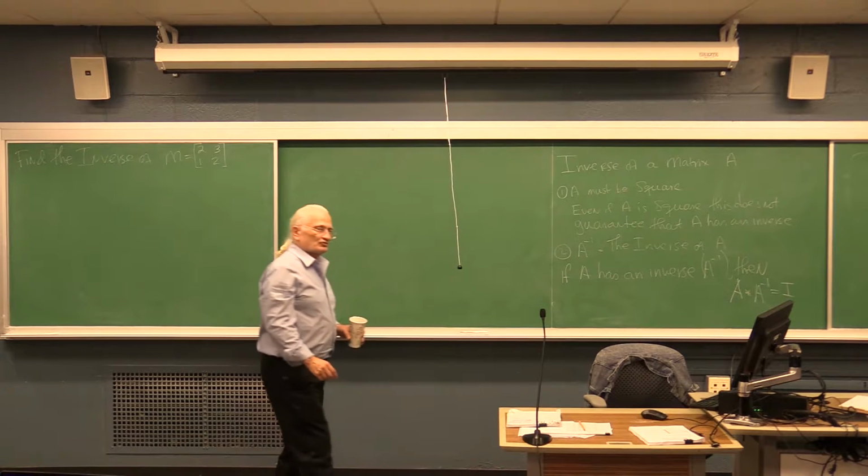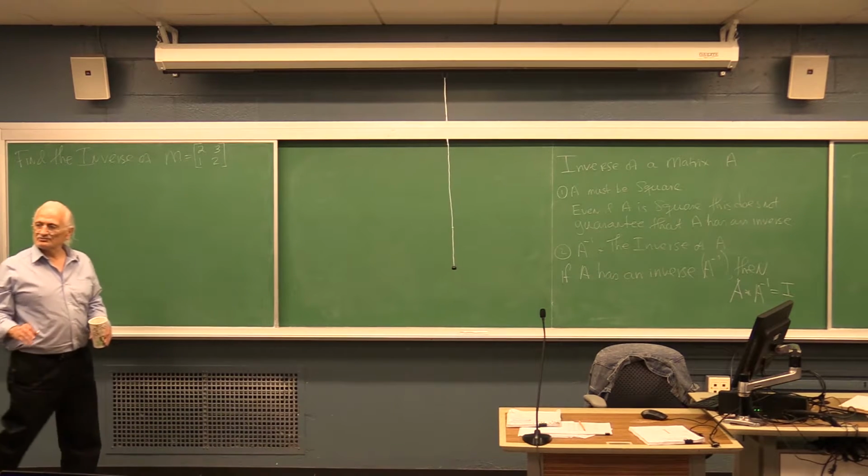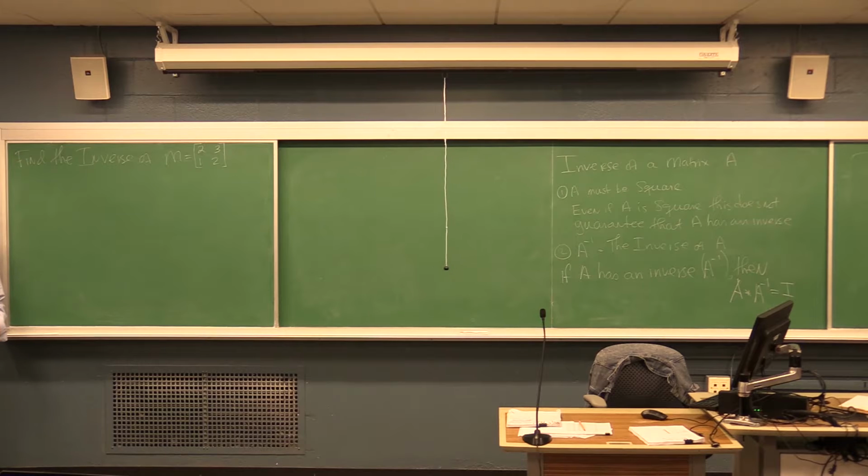M is square, all right? So that's a good thing. But just because M is square, that does not guarantee that we will find the inverse. If you have an inverse, A must be square. Always. But if M is square, that does not guarantee that it will have an inverse.